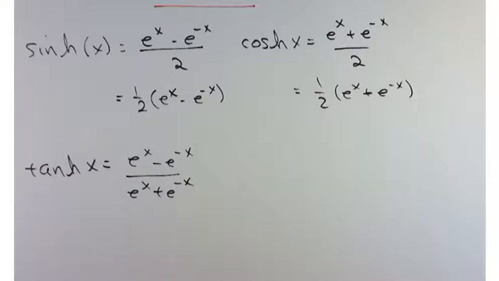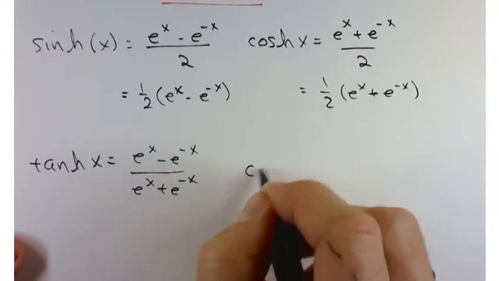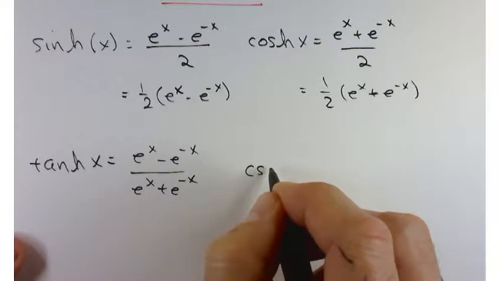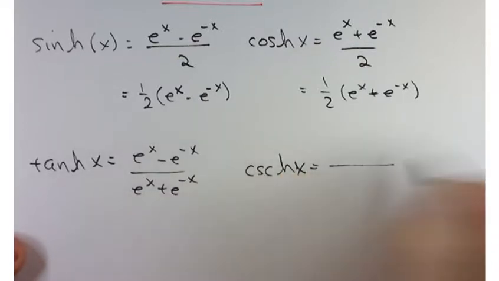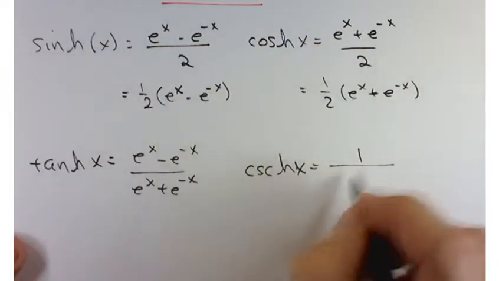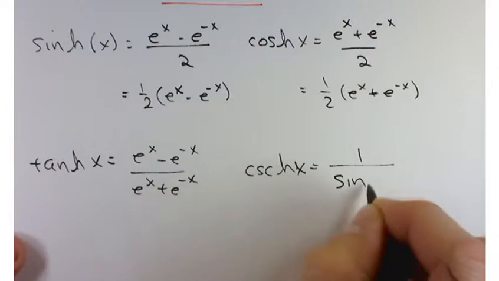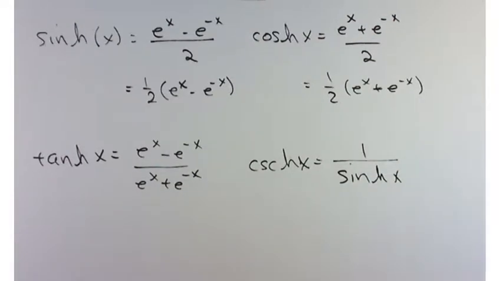You can get other functions as well. If I wanted the hyperbolic cosecant, I'd simply do 1 over the hyperbolic sine. Now let me share with you a little convenience that people use for some of these functions. Hyperbolic cosine, boy, that sounds like kind of a mouthful.